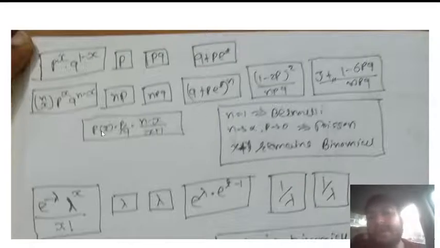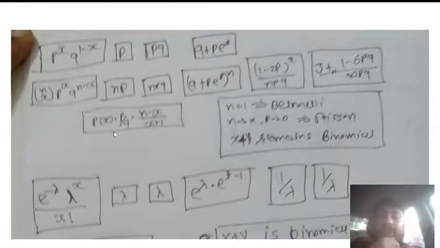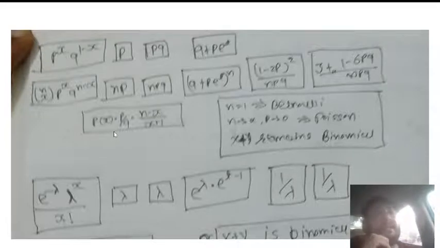Now this is the recurrence formula. If we have a formula for p of x, and we are finding the formula for p of x plus 1, then p of x plus 1 is equal to p of x into p upon q into (n minus x) upon (x plus 1).